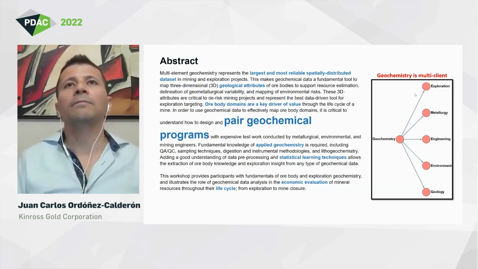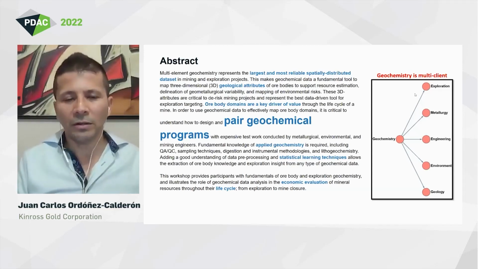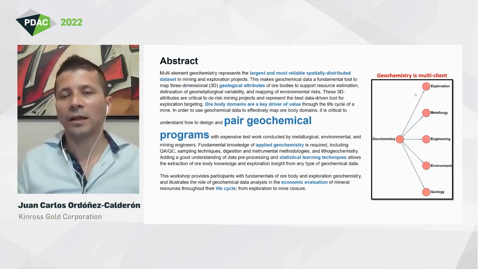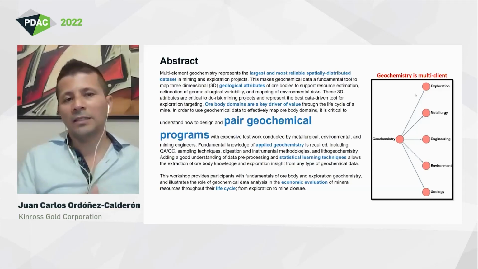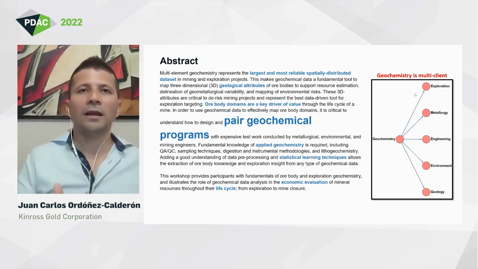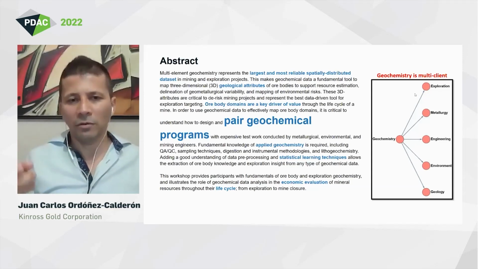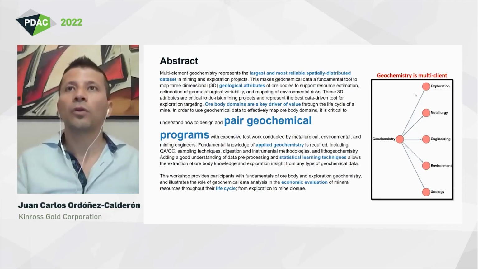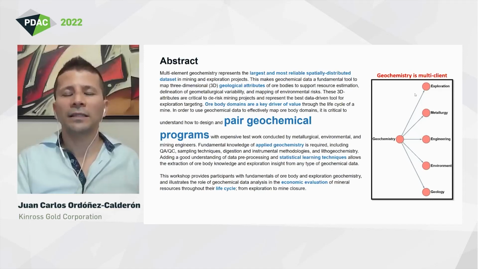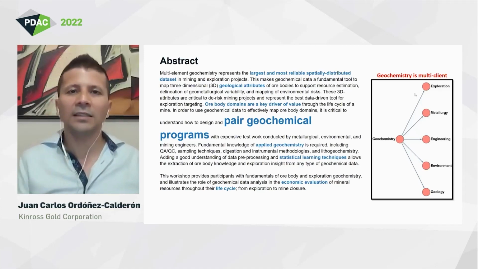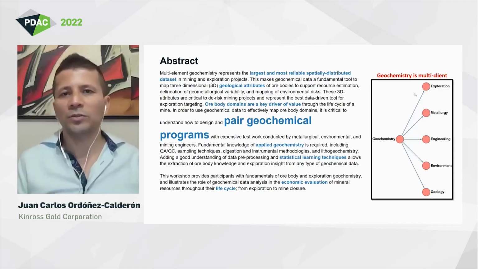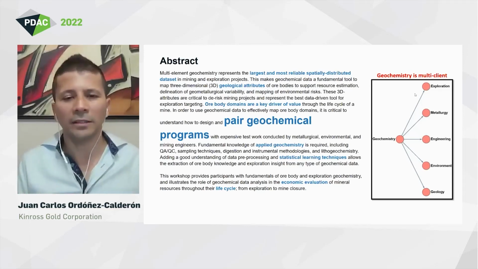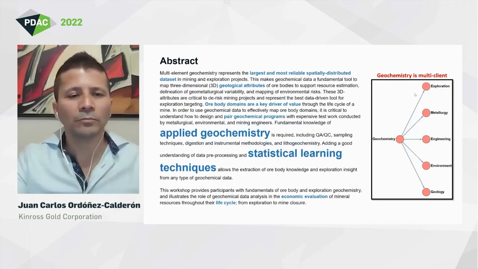For instance, it is very important to pair your metallurgical tests and your environmental tests with your geochemical baselines, because anytime along the road, if you're having a problem, the fact that you have this test work paired with your geochemical data means that you have a training data set that you can use to build any predictive model or machine learning model and solve different problems.